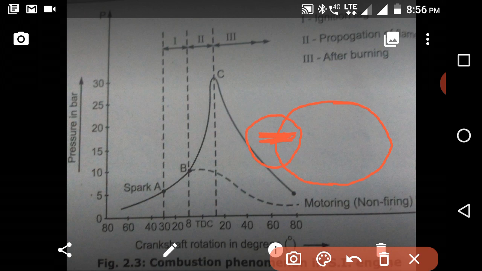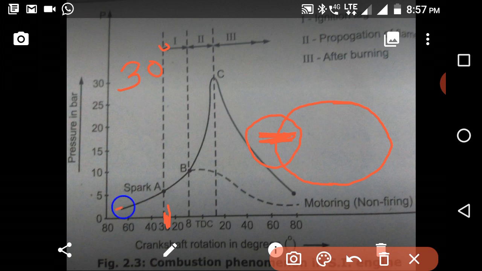If you remember the valve timing diagram, initially suction is carried out, and after suction, compression starts. Just before top dead center, at 30 degrees of crankshaft angle, ignition occurs. This is the 30-degree crank angle.